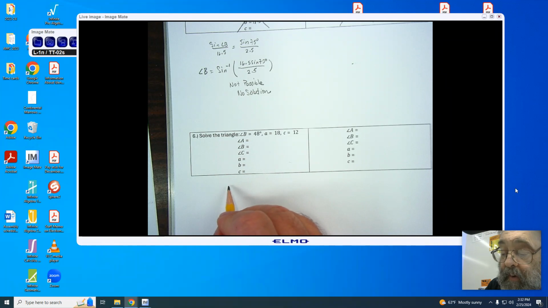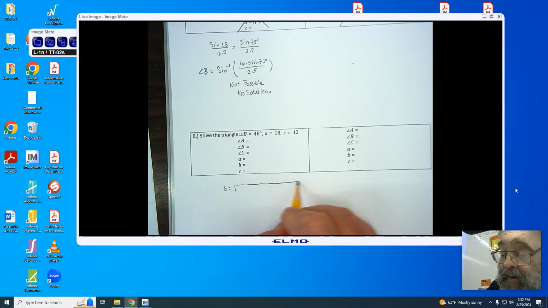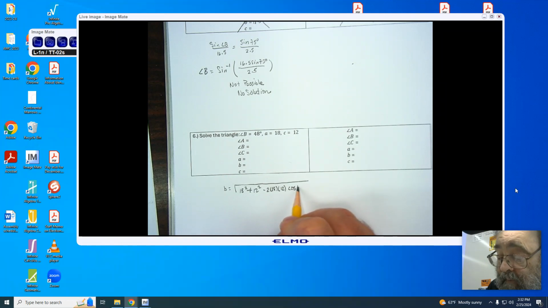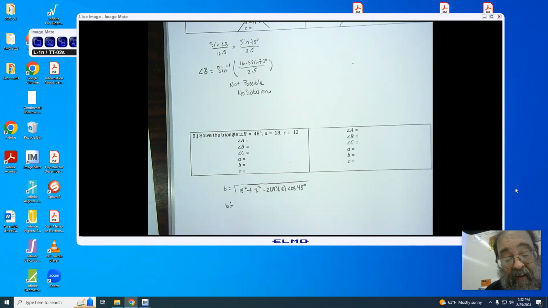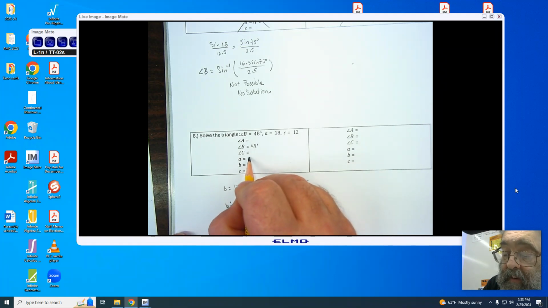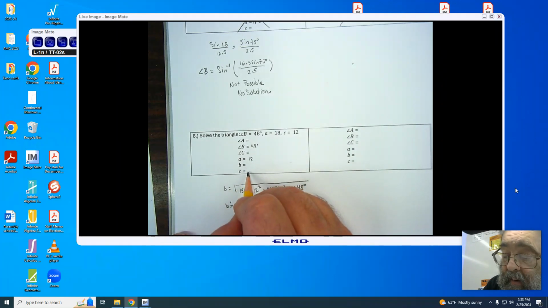So if I'm going to try to find side B, I'm going to start with the two sides, 18 squared plus 12 squared, and I'm then going to subtract 2 times 18 times 12 times the cosine of 48 degrees. And I'm going to locate what is that B value. Let's go ahead and put what we currently know, 48 degrees, 18, and 12.